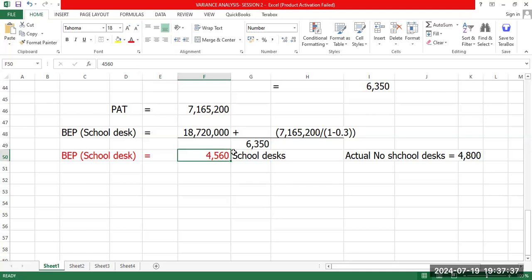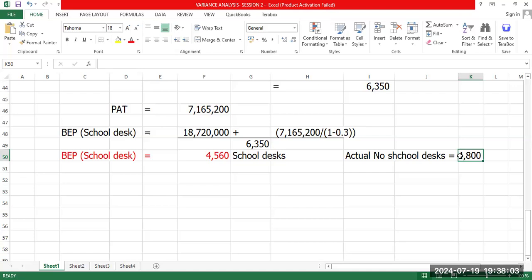And above this, the difference between this and this is their profit. So why would you discontinue the production of school desks, yet you're observing that if you keep on producing, you will be in a position to earn profits? So that is the logic you should apply.